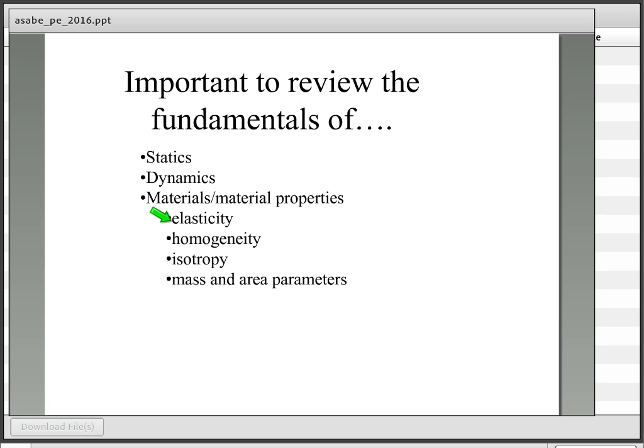So, as far as reviewing for a machine design component in a PE exam, I would recommend just reviewing the basics of statics, dynamics, and material properties, strength of materials, if you will.